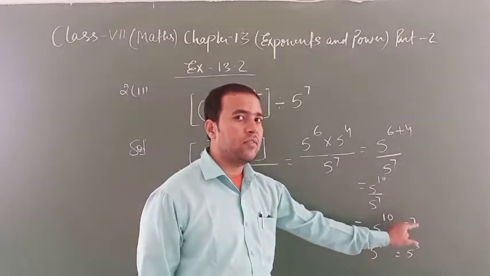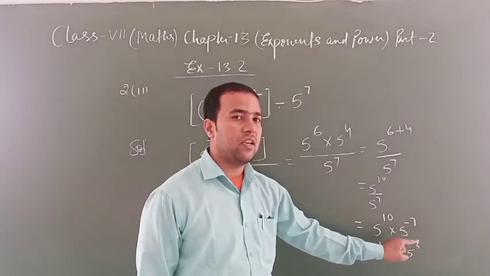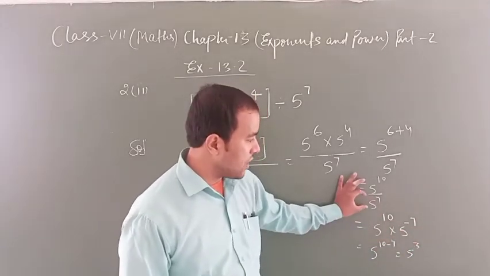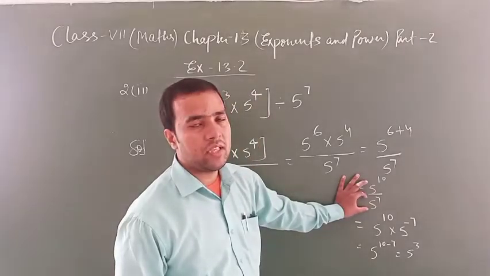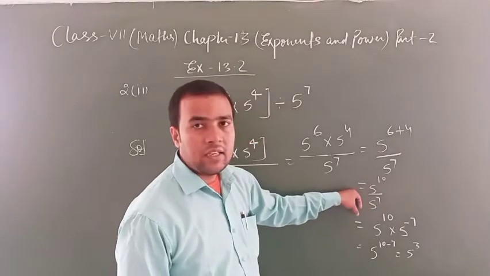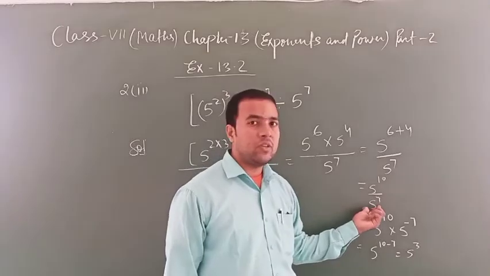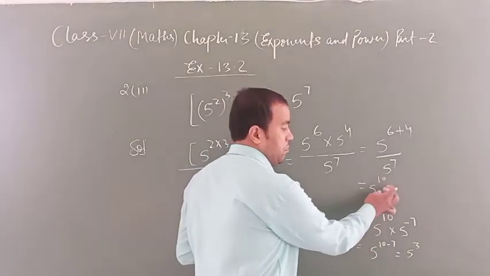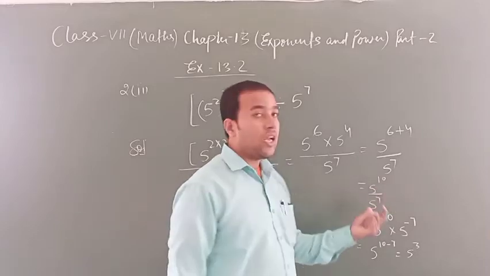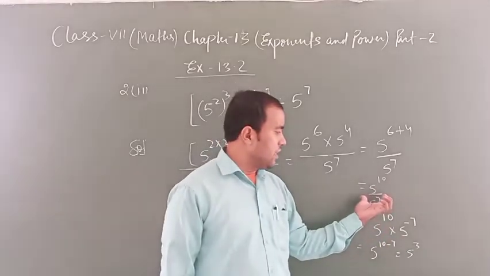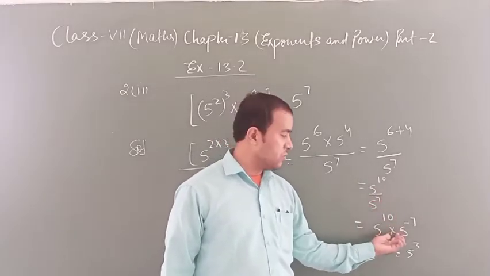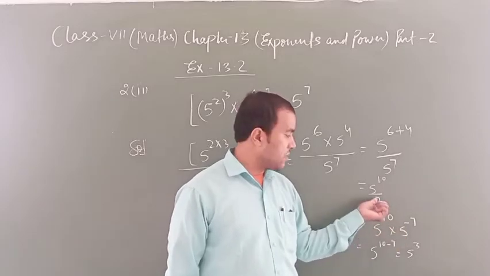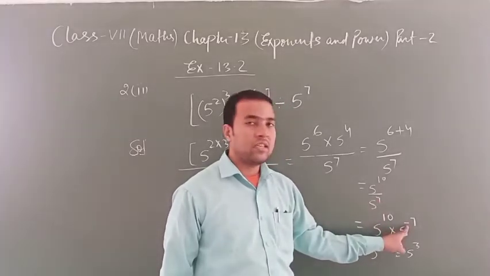Why are we writing minus 7 here? Listen carefully. Because 5 power 7 is in the denominator place. So when you write 5 power 7 in the numerator, the sign will be changed. Here it is divide, here it is multiply. The plus sign changes to minus sign.